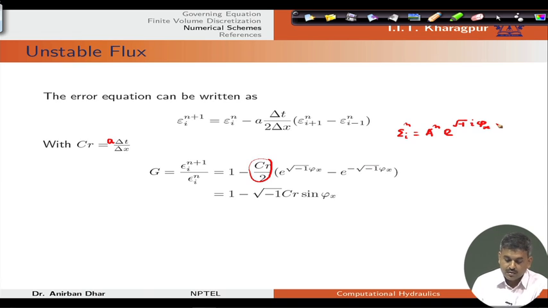So, for epsilon i plus 1, this will be e to the power square root of minus 1 times i plus 1 phi x, minus the corresponding term for i minus 1.